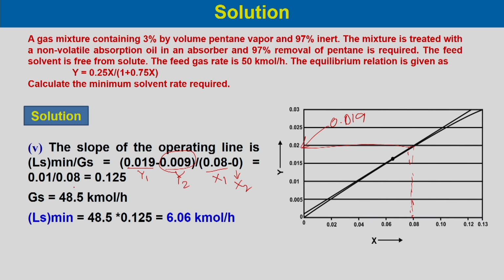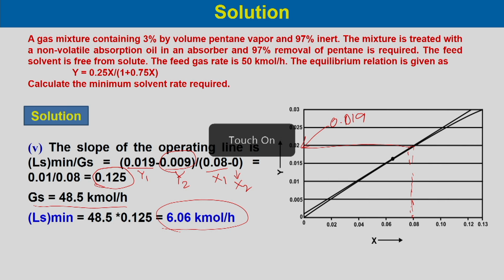So, we can calculate the slope, which is 0.125, and Gs is given, which is 48.5 kilomole per hour. So, Ls minimum would be equal to 48.5 into 0.125, so it is 6.06 kilomole per hour. This way we can calculate the minimum liquid flow rate.